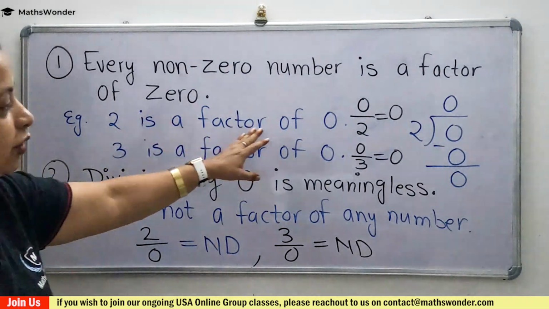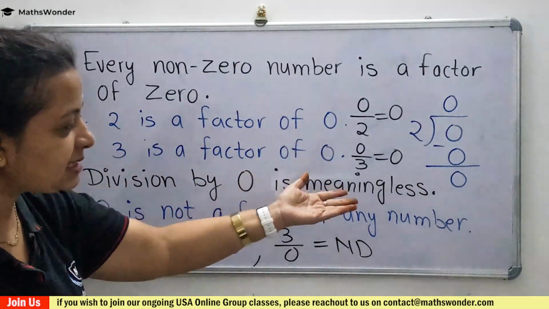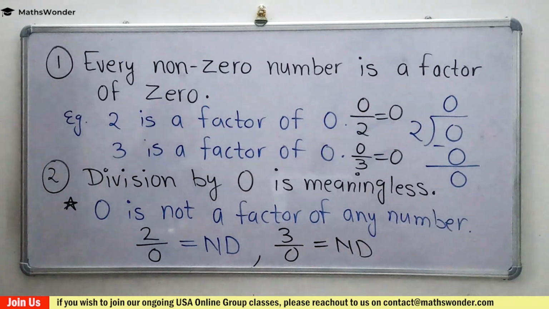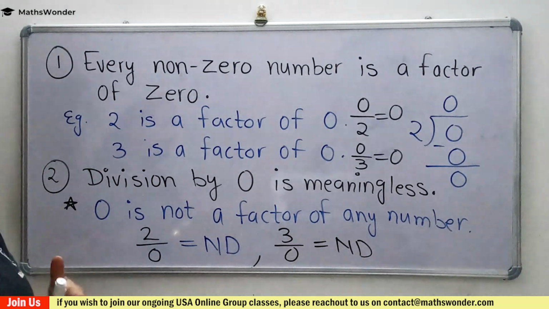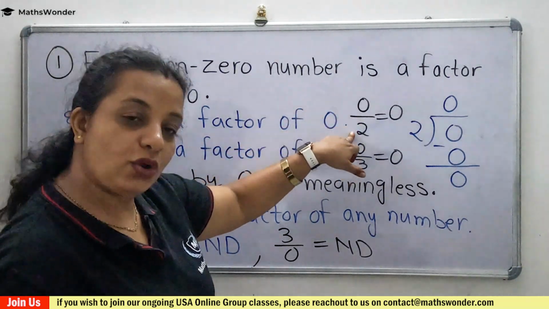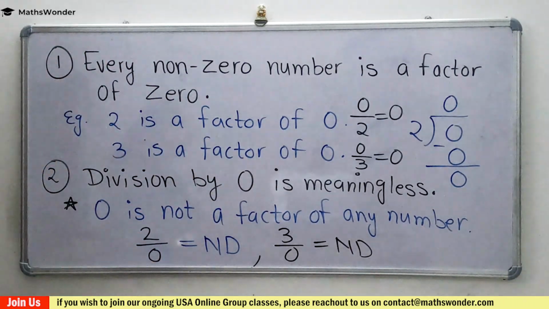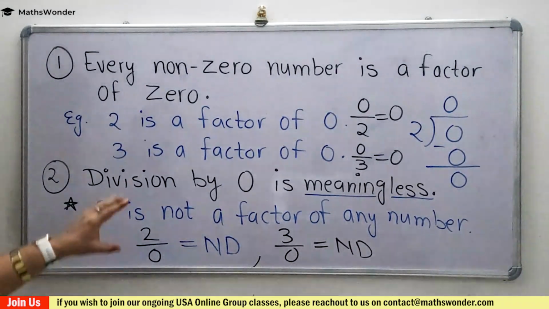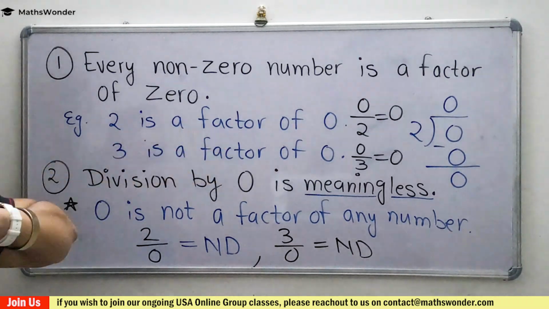Is 2 a factor of 0? Yes, of course. Is 3 a factor of 0? Yes, of course. Is 47 a factor of 0? Yes, of course. Basically, if you divide 0 by any non-zero number, you will get 0 as the remainder. So if the question is, is 2 a factor of 0?